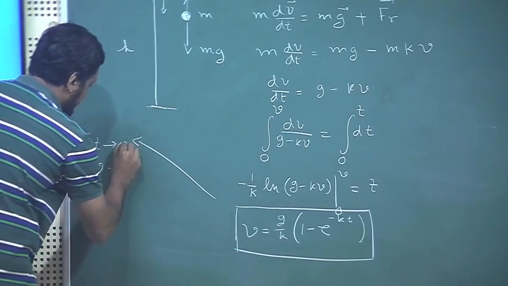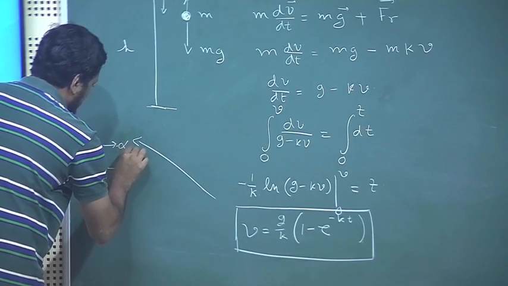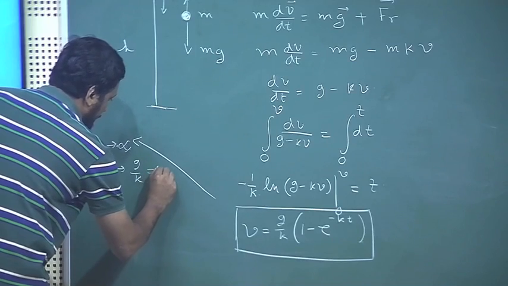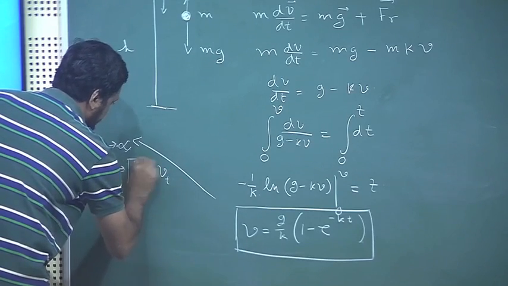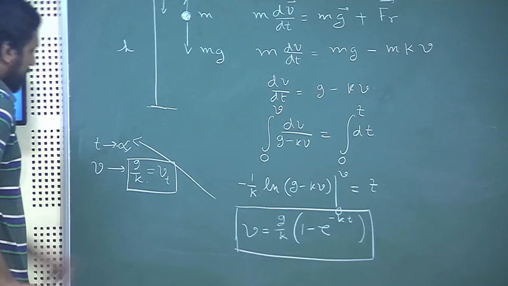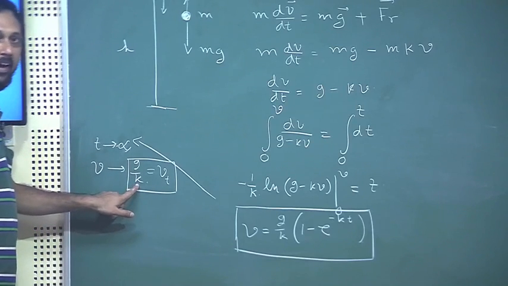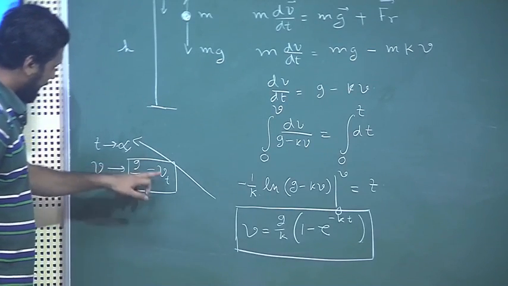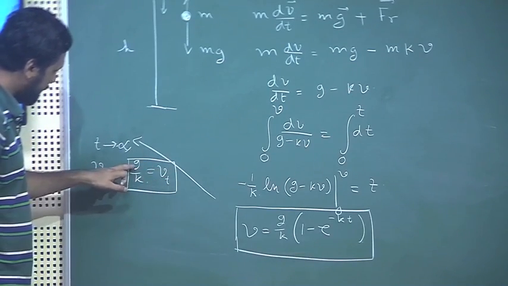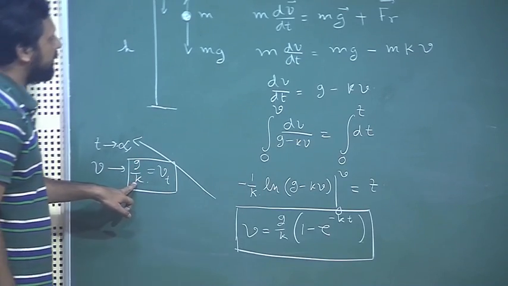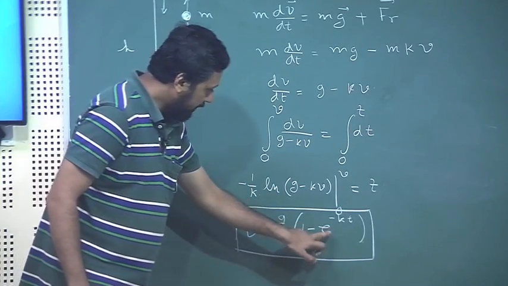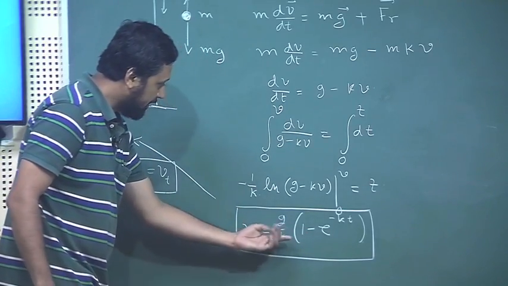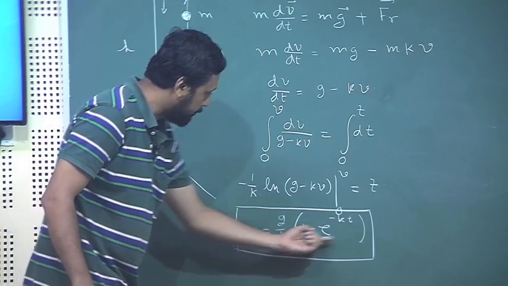So, your v essentially as t goes to infinity, v goes to g by k, and this is called your terminal velocity v t. So, depending on the nature of viscous drag, we essentially reach a velocity which is proportional to g, and k being the viscous drag per unit mass.